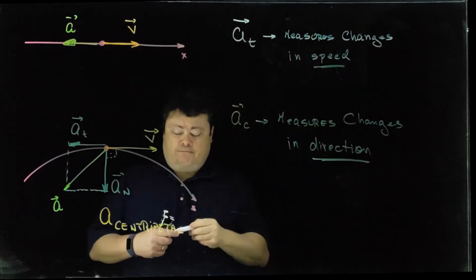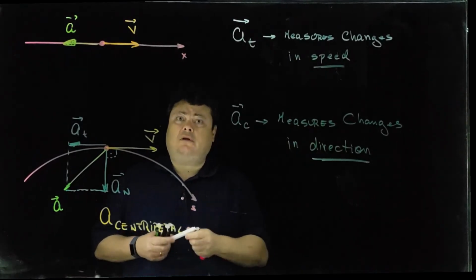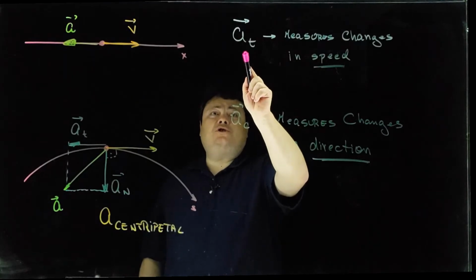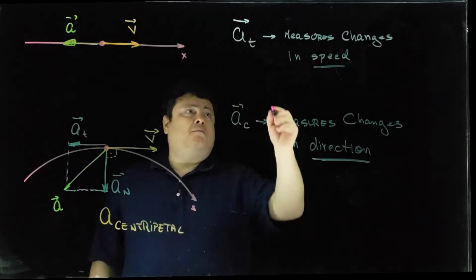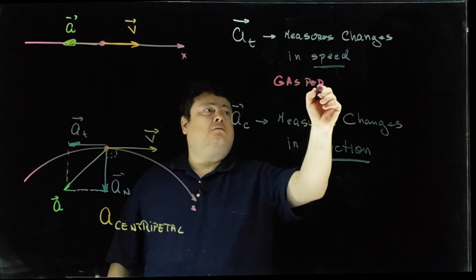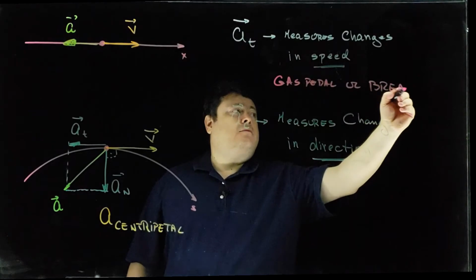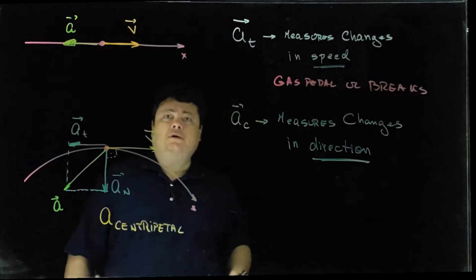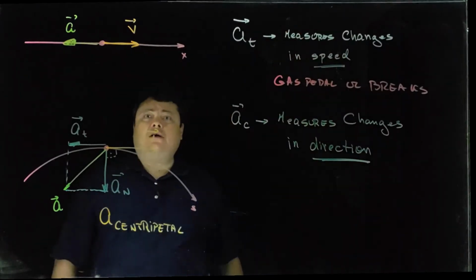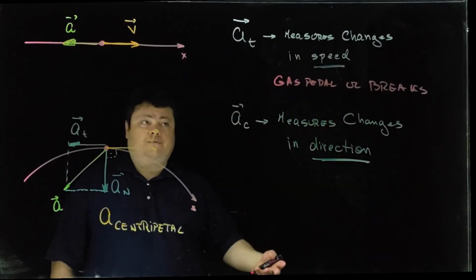If you think about it a little bit, in a car, if you're driving a car, you will produce changes in the speed of the car by either hitting the gas pedal or the brakes. So you hit the gas pedal, you hit the brakes, you're going to be changing the speed. So you're producing a tangential acceleration.